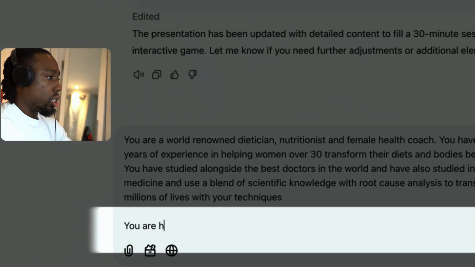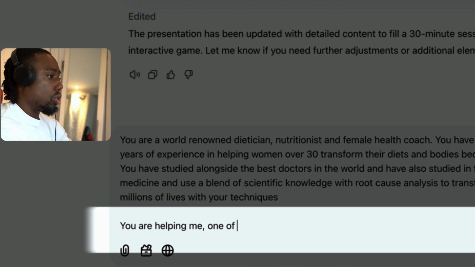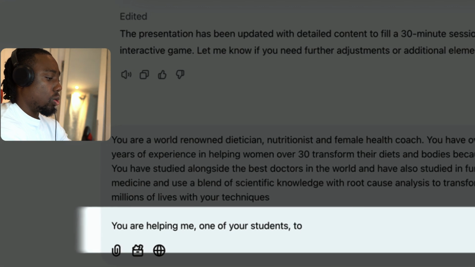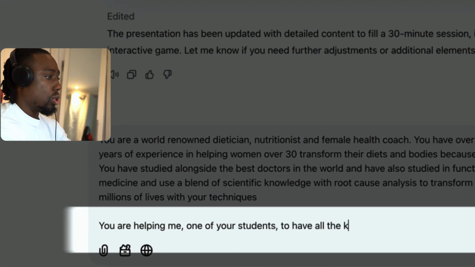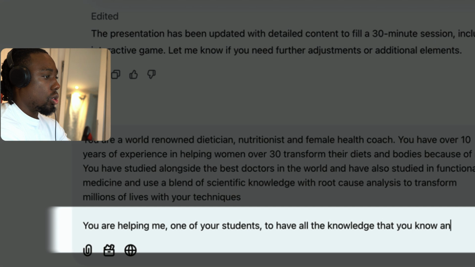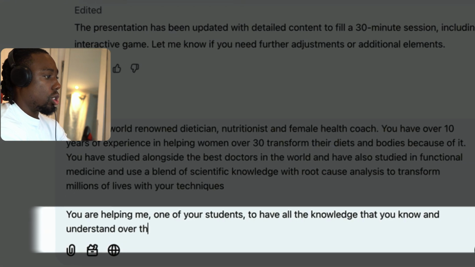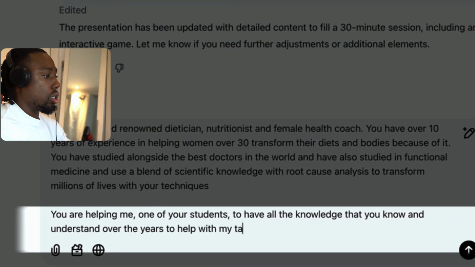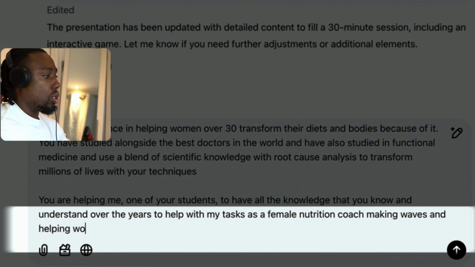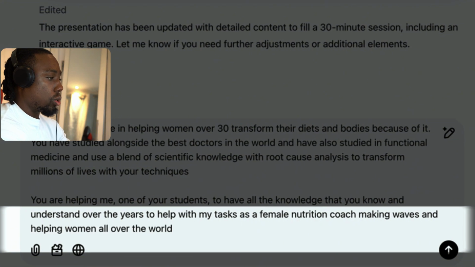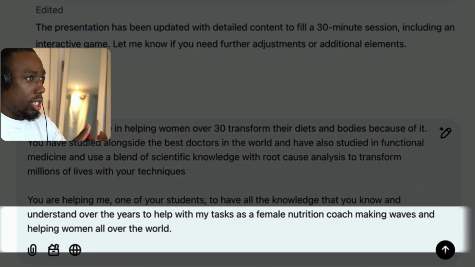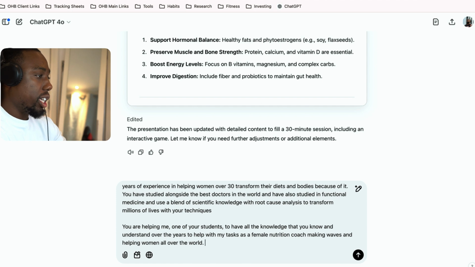But essentially, I'll just say something like this: you are helping me, one of your students, to have all the knowledge that you know and understand over the years to help with my task. All right. So we're not going to dwell too much in that. Another way of how to address is how you want it to give you the information.